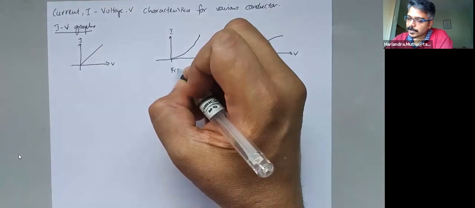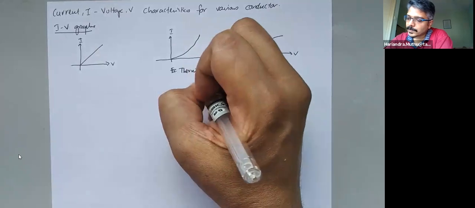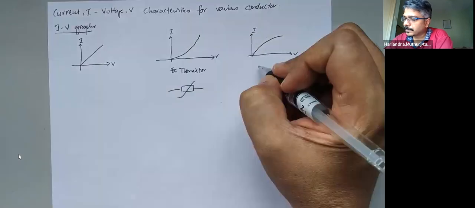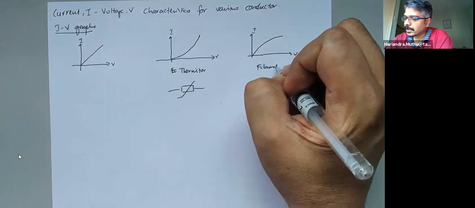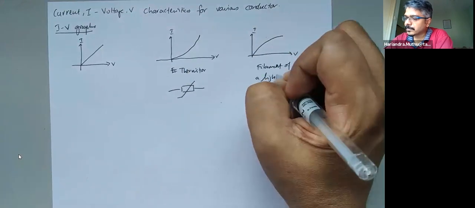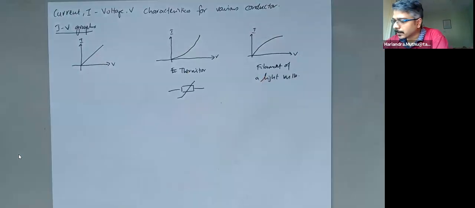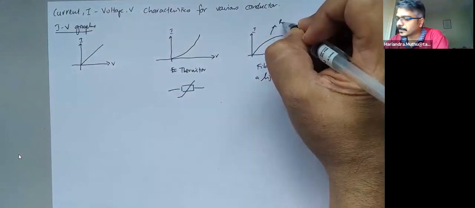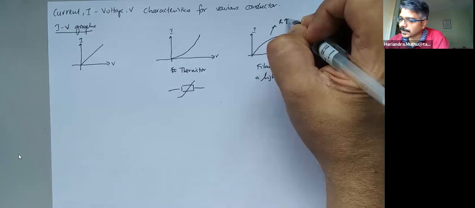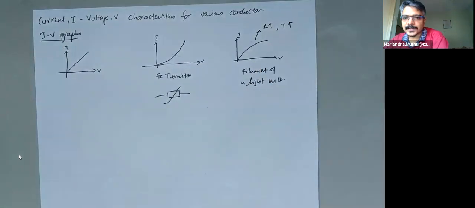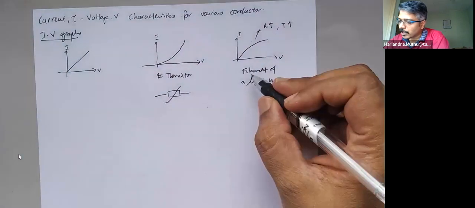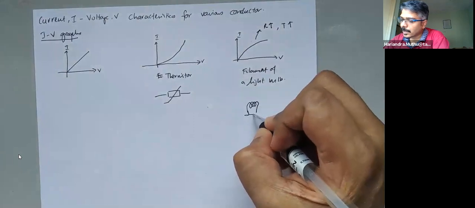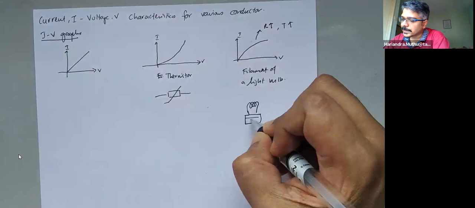Okay, so this is for a thermistor. So this is the symbol for thermistor. And this is for the filament of a light bulb. Okay, so here the resistance is increasing because the temperature is increasing. The reason is that the filament of a light bulb is made of a coil of wire, and this coil of wire is inside a light bulb.